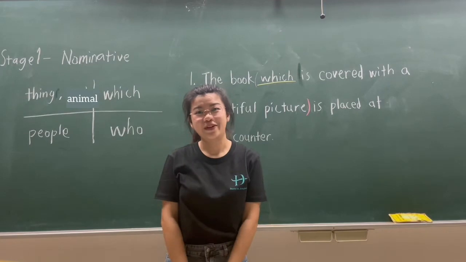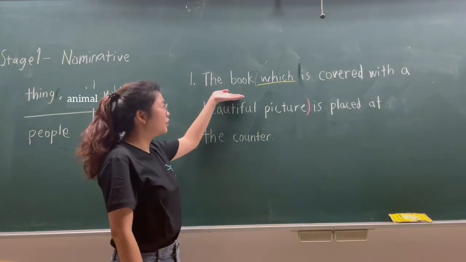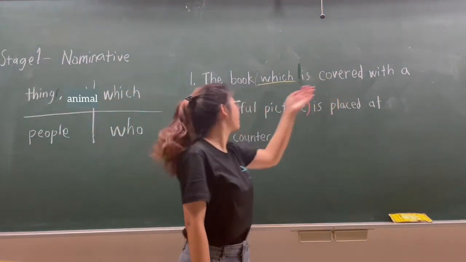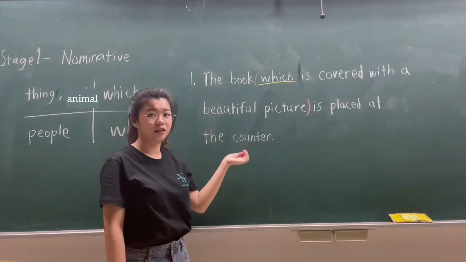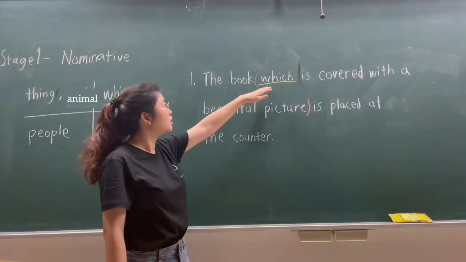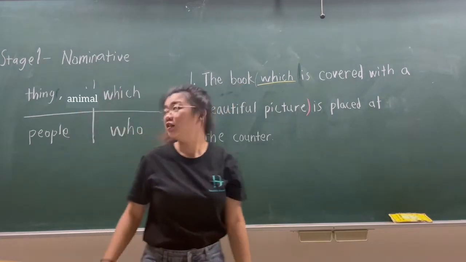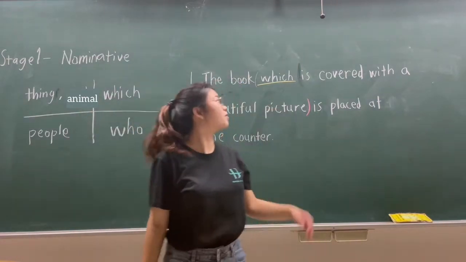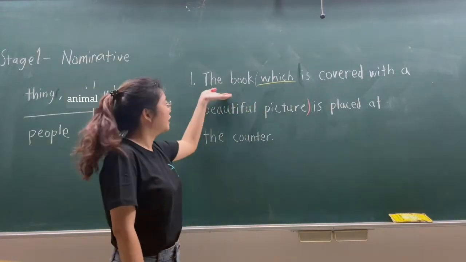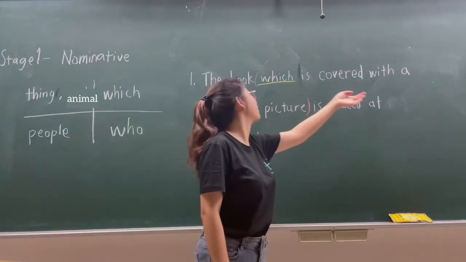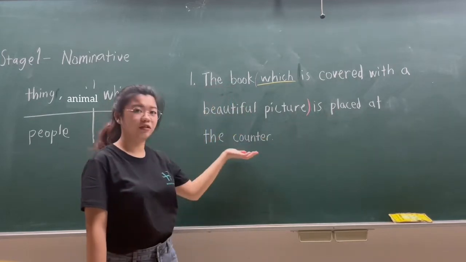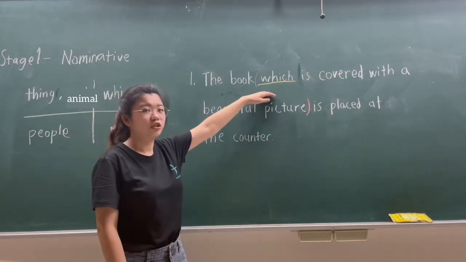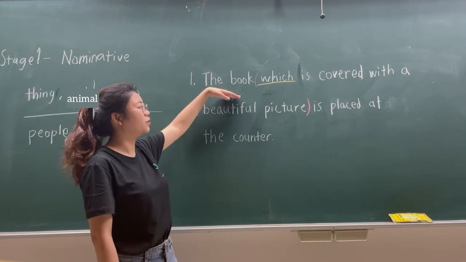For example, the book, which is covered with a beautiful picture, is placed at the counter. The book is a thing, so we use which here. We use which to represent the book.